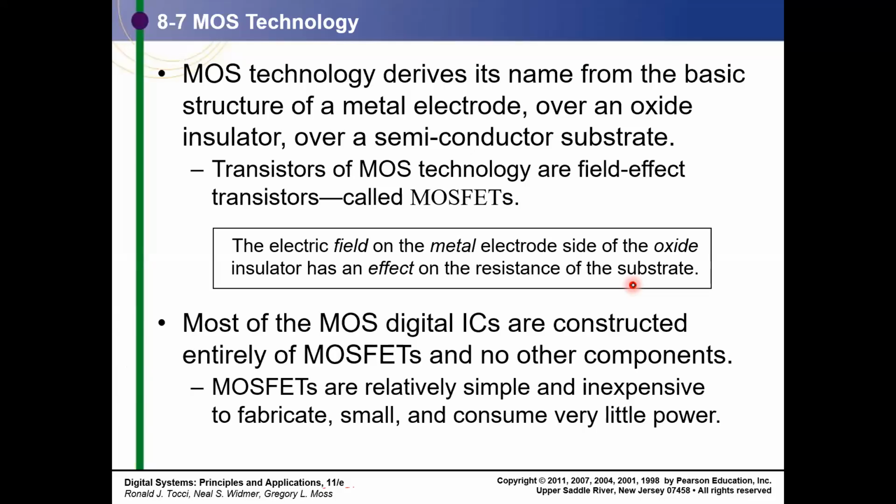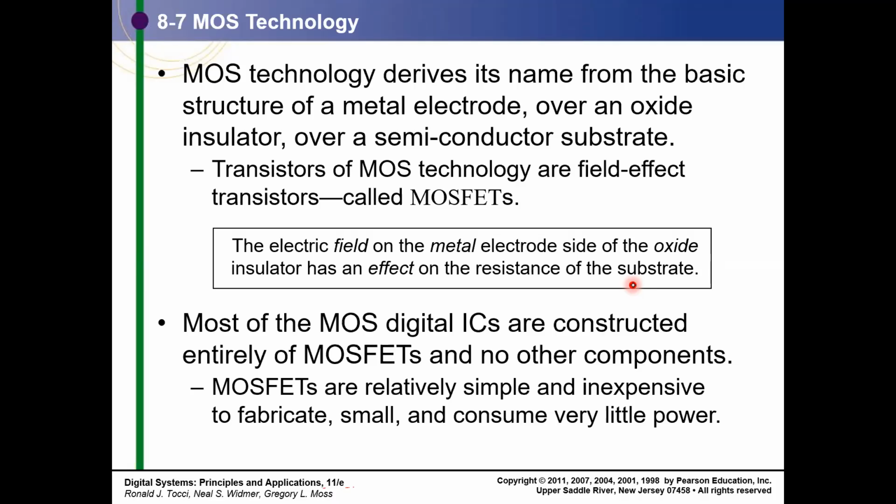Okay, most of the MOS integrated circuits are constructed entirely of MOSFETs and no other component is used. We are not talking about devices which use any other component, but circuits where we use only MOSFETs.